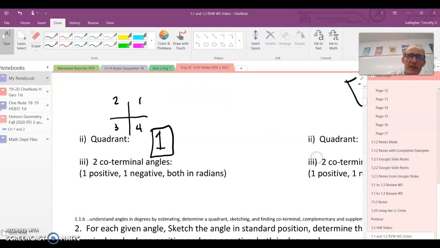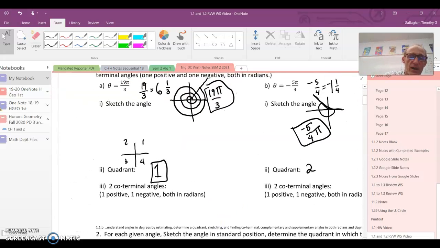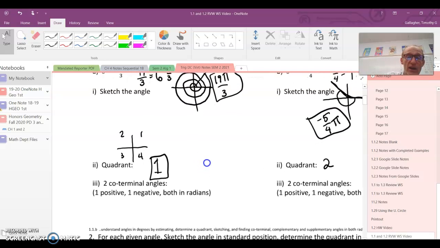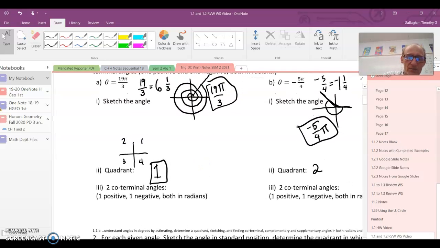To find coterminal angles for these problems, you have to add 2 pi and subtract 2 pi. You may have to add or subtract 2 pi more than once. So for the positive coterminal angle, you're going to take that 19 pi over 3 and add 2 pi to it. 6 1/3 plus 2 is 8 1/3.